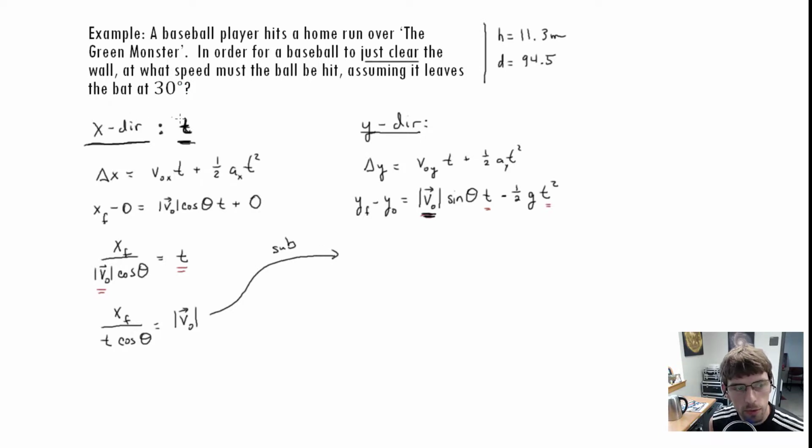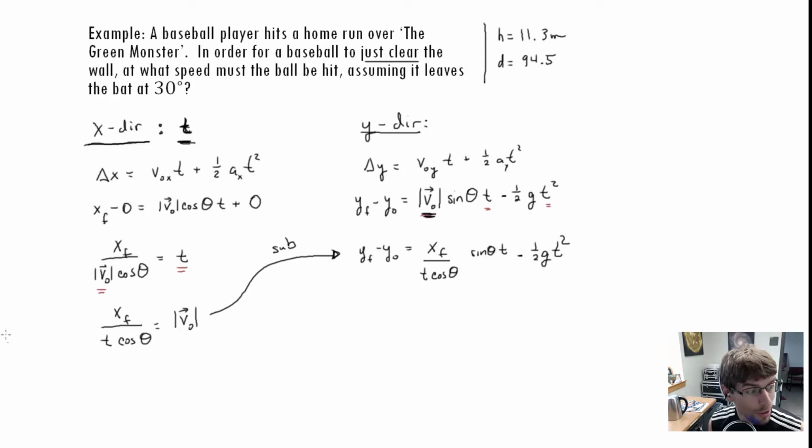Notice I've used the x direction in one column, the y direction in another column, and if I take a value, I'll do an arrow just to sub it over, just to help guide you with what I'm doing. So then I have y final minus y naught equals x final divided by t cosine of theta, times sine of theta times t, minus 1/2 g t squared.